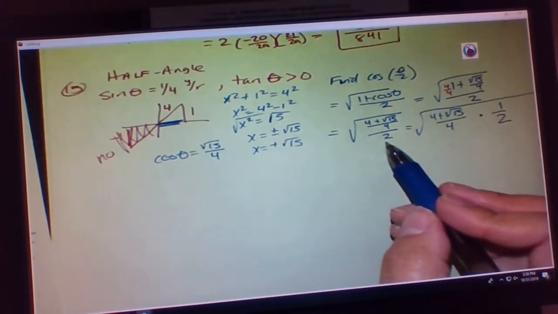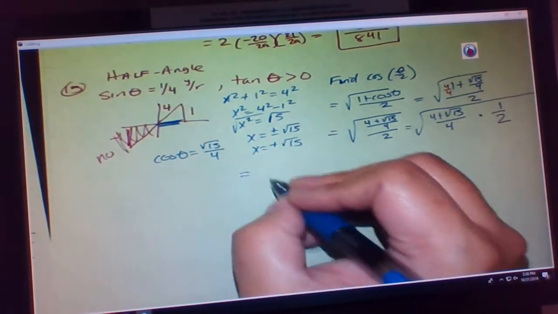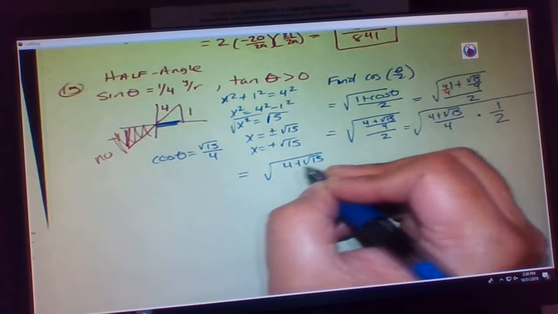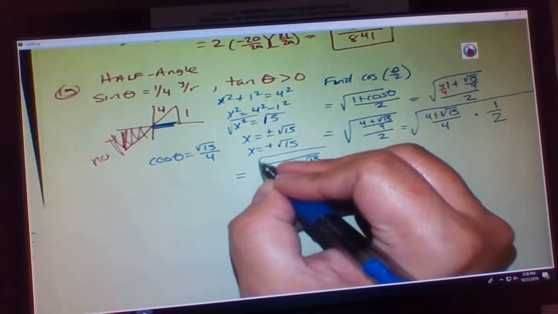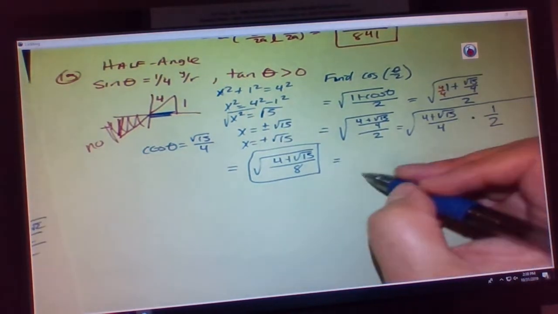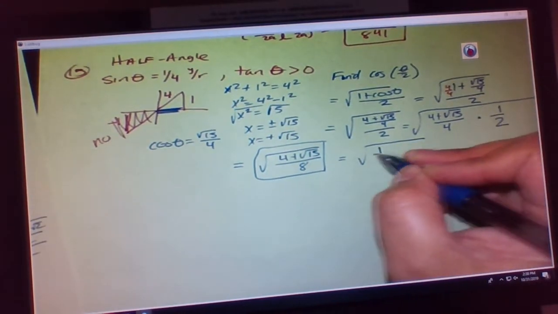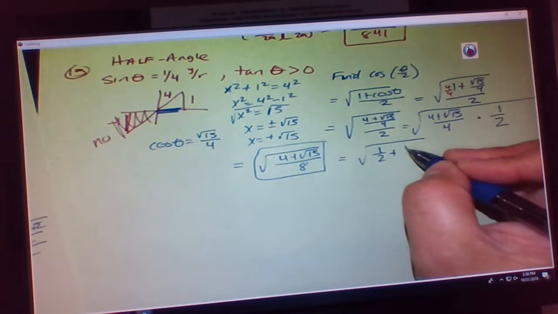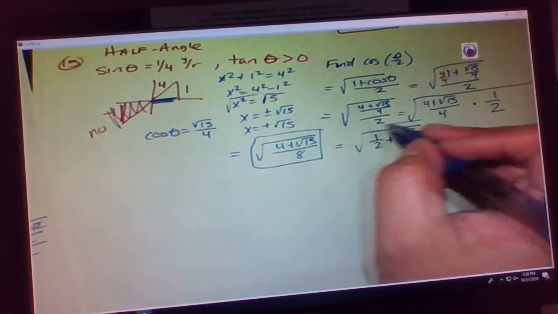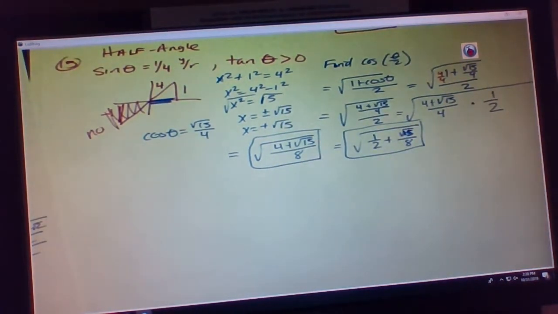And that right there becomes the square root of 4 plus square root of 15 over 8. You could just leave your answer like that. Or if you want to reduce, you could write 1/2 plus square root of 15 over 8. It's the same thing. That's what you would have.